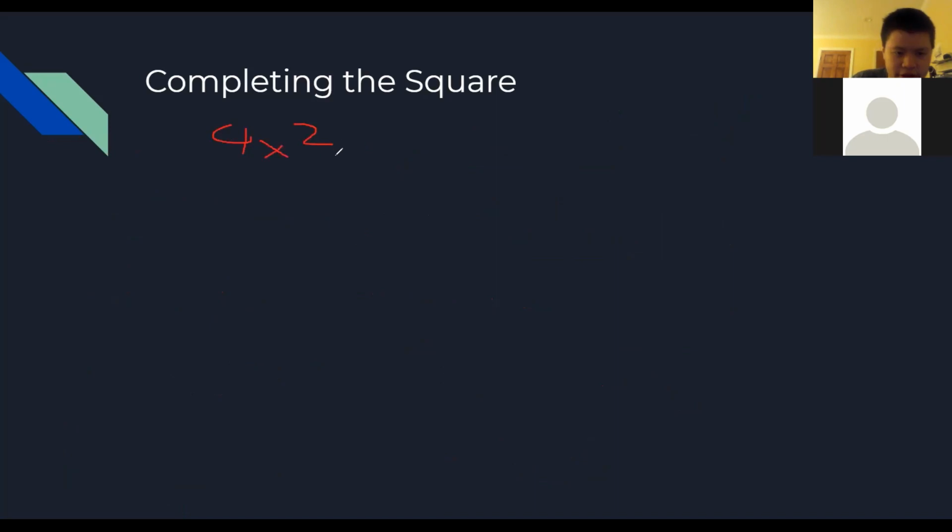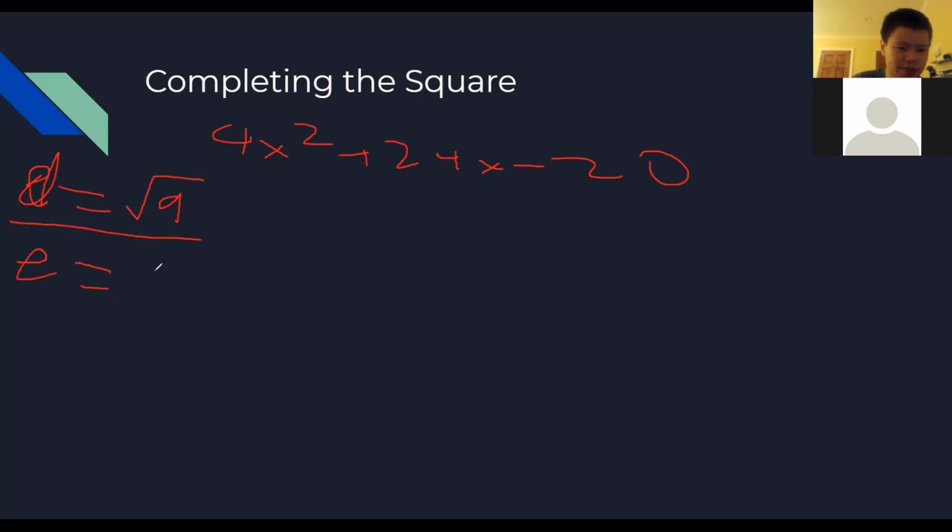4x squared plus 24x minus 20. On one hand, you could write what the generalizations or formulas of what we did before.